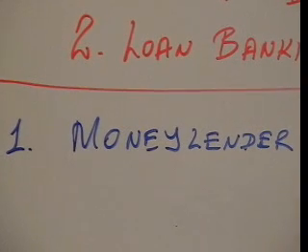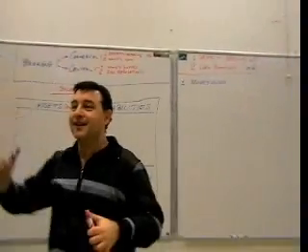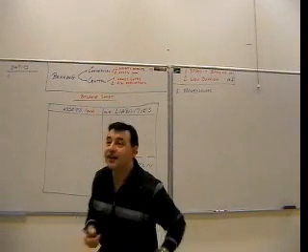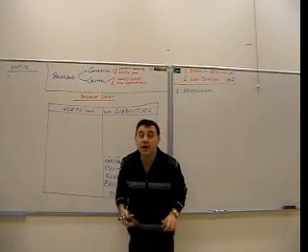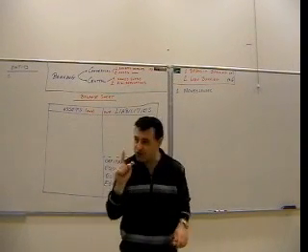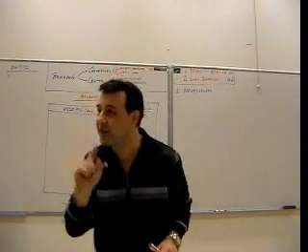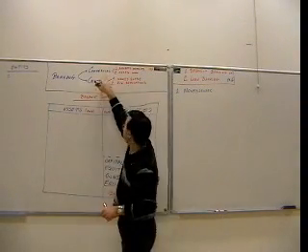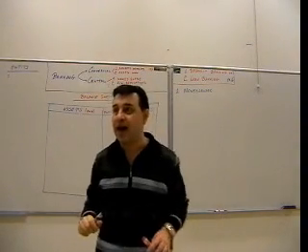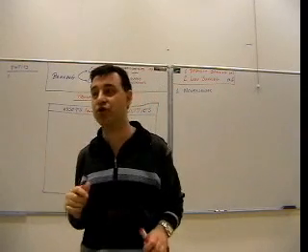Anybody know who or what is a money lender? Probably somebody who lends money to other people and then asks them for return, but for the profit, of course. Yes, that would be true. And how is this different from a commercial bank?